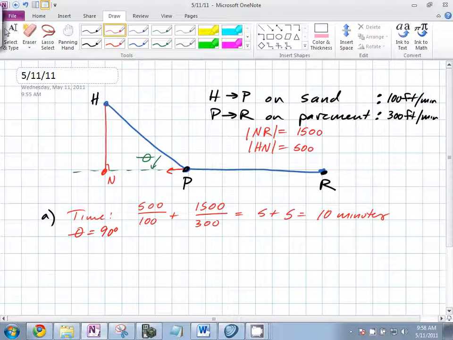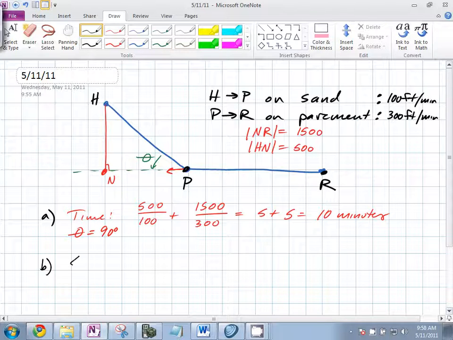Okay, so part B asks you to calculate the time t if you walk in the sand directly towards the ocean for 500 feet, then turn left and walk along the beach 1,500 feet to the house. So essentially, your entire trip is being spent on what?